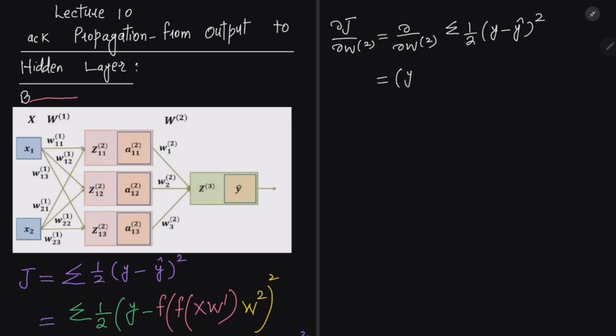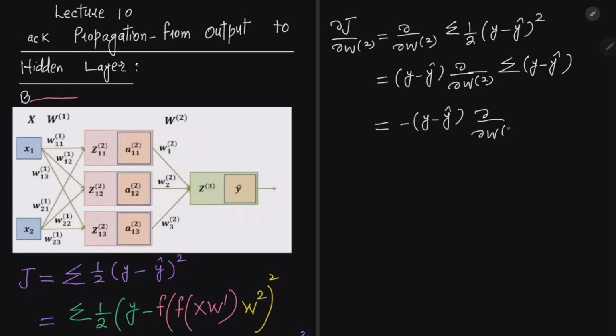Then we have y minus y hat, partial by partial w2 of y minus y hat, and so on. After simplification, we get y minus y hat, partial by partial w2, and we get only y hat. Since y is just a constant value, the derivative of y hat will survive over here, and then we have minus over here.